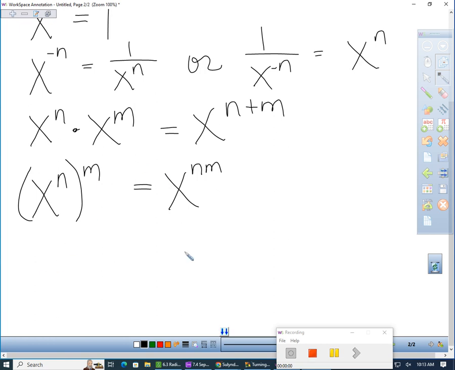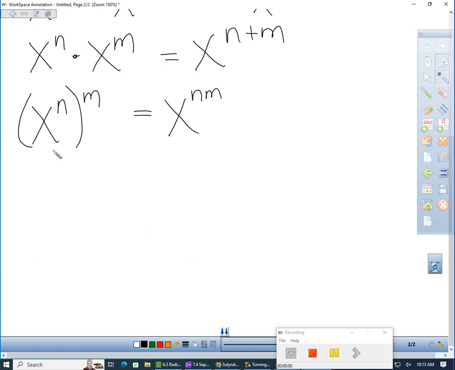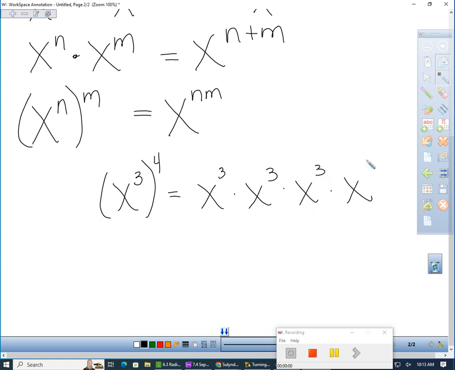All right, so for example, let's say I have x to the third raised to the fourth. That's the same as saying I have x to the third times x to the third times x to the third times x to the third.